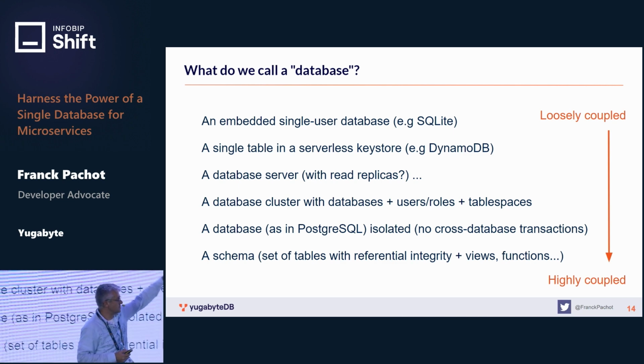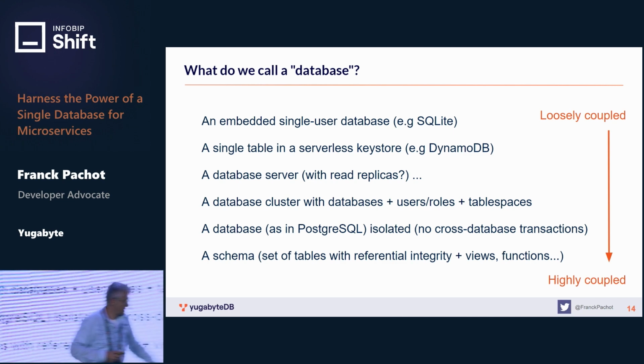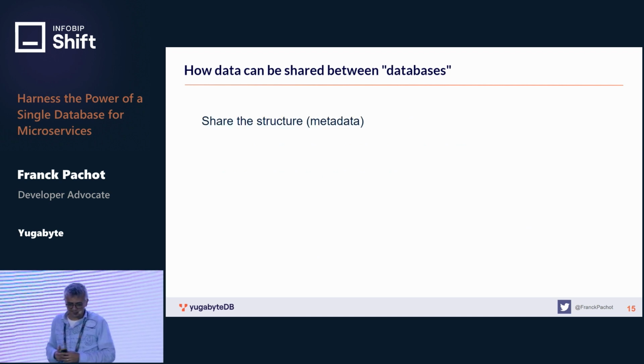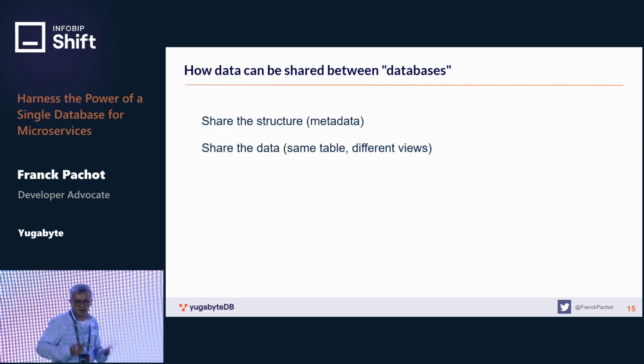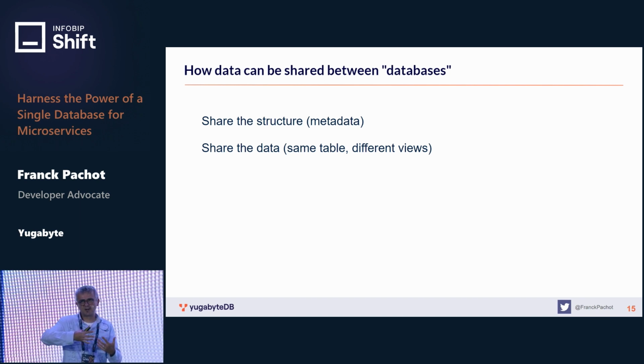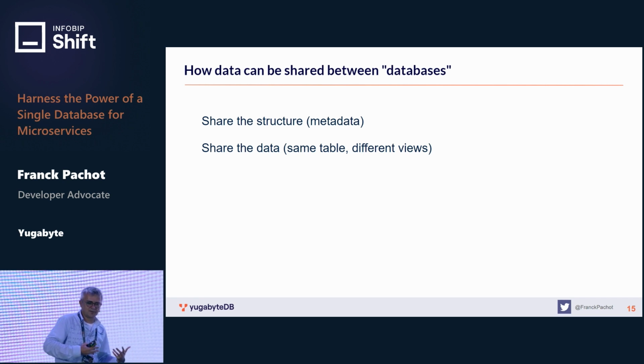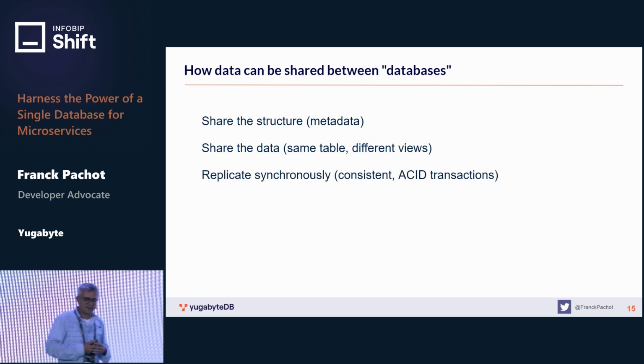And basically, when you go there, you have some that are loosely coupled, some that are highly coupled. And about the features, what do you share when I'm saying that you share the database between multiple users? Is it only the structure? Is it the data?